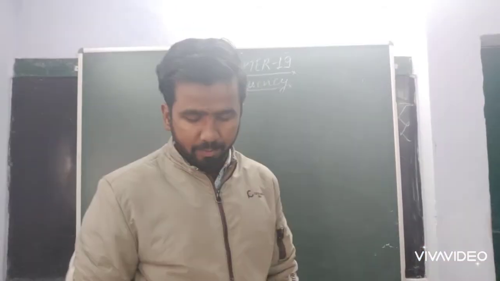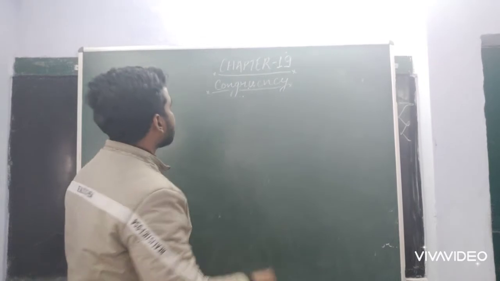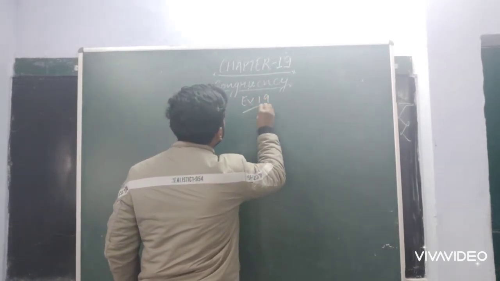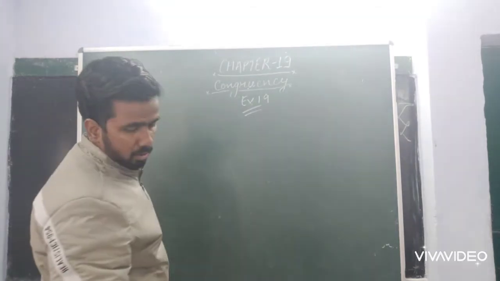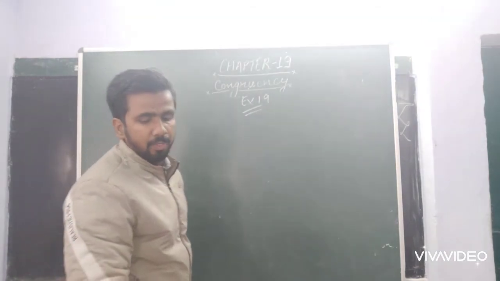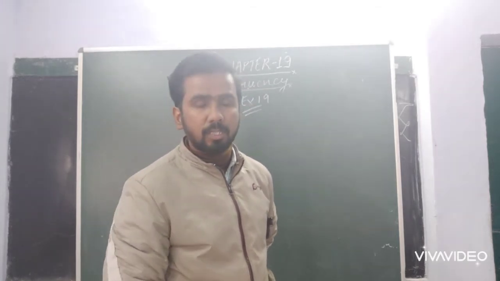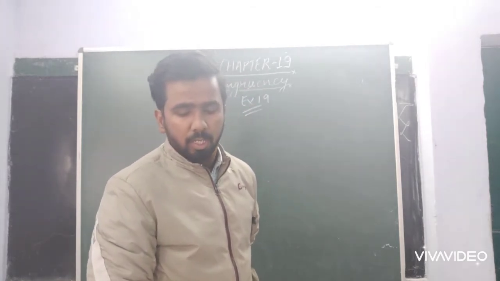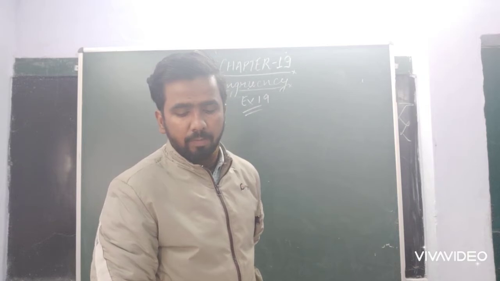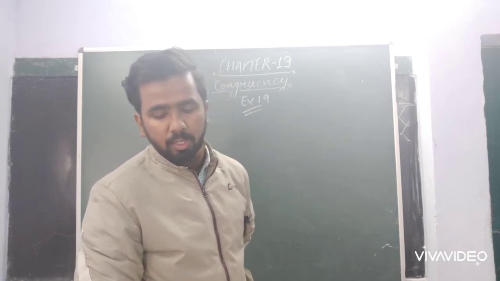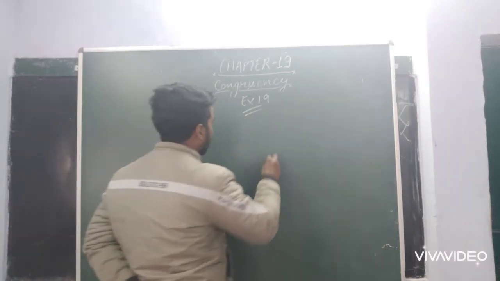So now we are starting with exercise 19. Question number 1 is saying to state whether the pairs of triangles given in your book are congruent or not. I'm drawing the figure first.